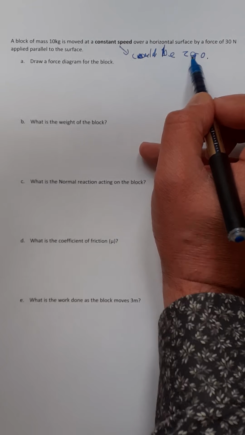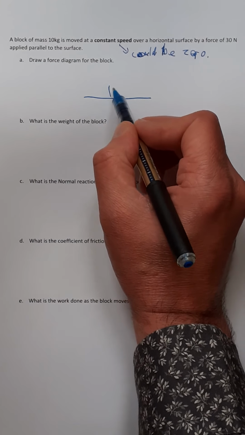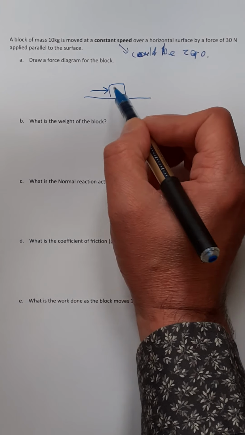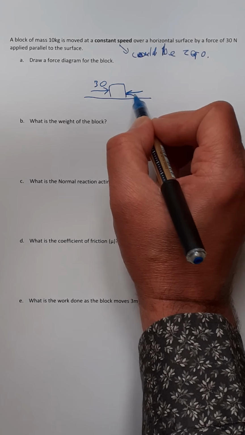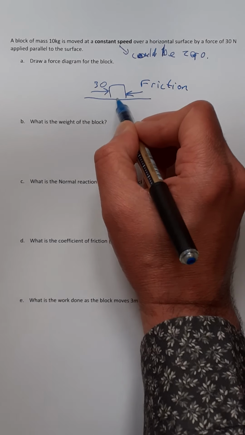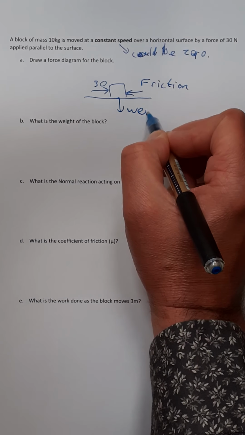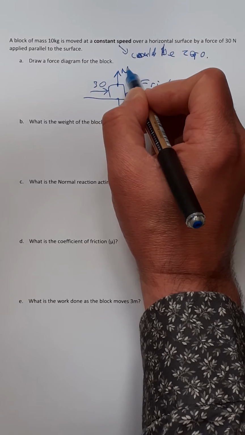Okay, so we're going to have a force diagram on the block again. I'm pushing this time with 30 newtons. I've got friction opposing that force. I've got weight. And I've got a normal reaction force.